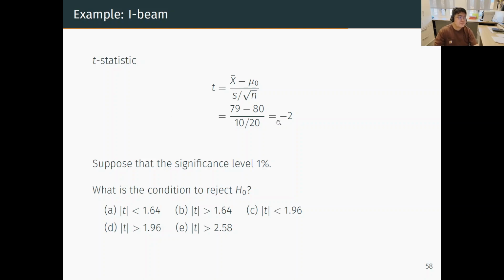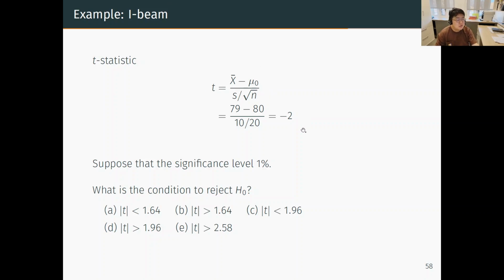Now you have to make a decision whether this -2 is too far from 0 or close enough, right? If it's close enough to 0, then your hypothesis is good enough, because the difference is small. However, if you believe this -2 is too far from 0, then your hypothesis and your data are too different, so you have to reject your null hypothesis.